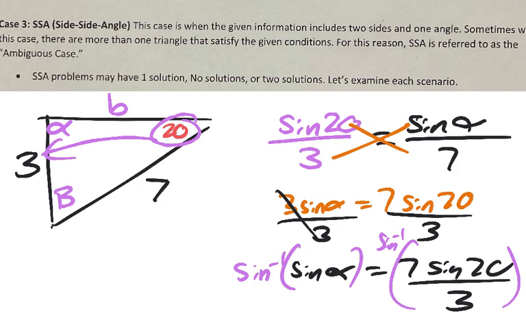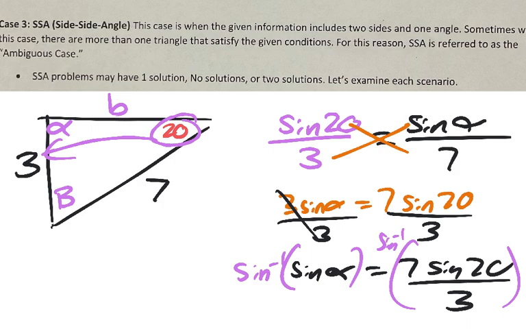Could this triangle still make sense? 127.1, that's 147.1. Could I still find a third angle? Yes. That leaves 32.9.